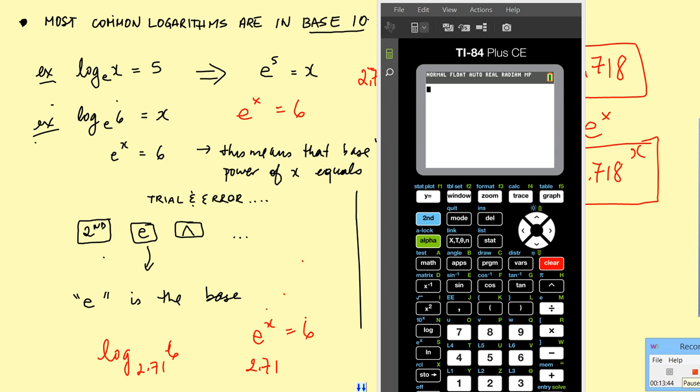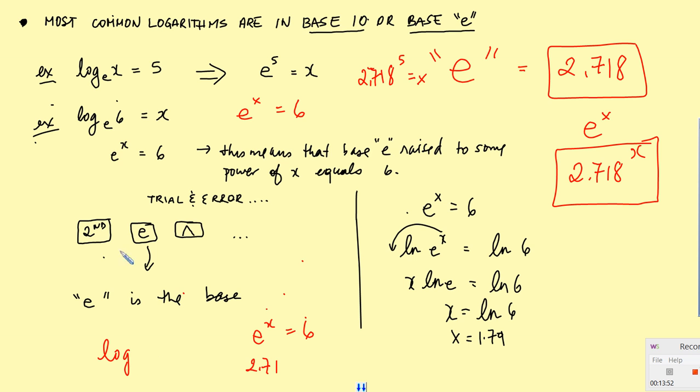So what I could do is open up my calculator, and since this is like saying log base e, if I rewrite this, I could put this directly into my calculator as log base e of 6.